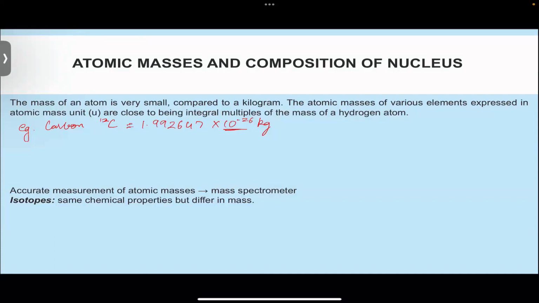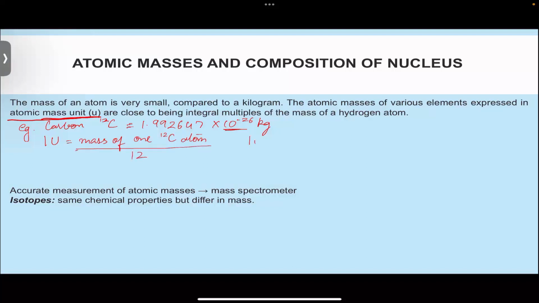So we do not denote the mass of an atom in terms of kg. What we use is the atomic mass unit, that is u. 1 u is the mass of the carbon atom divided by 12. Why 12?